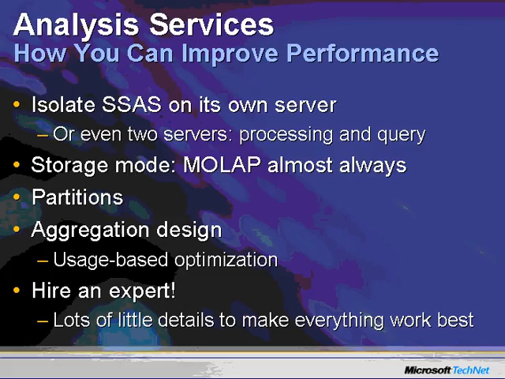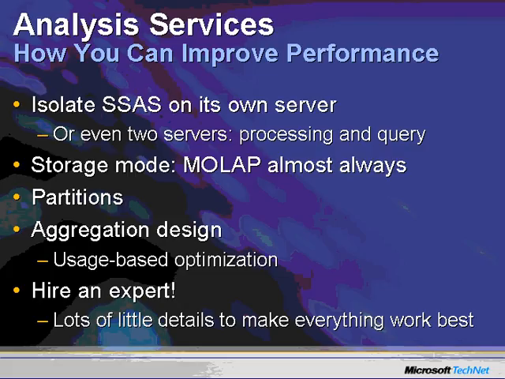My next recommendation is that you use analysis services partitions. Analysis services partitions are similar in concept to the relational partitions that we just talked about. You take fact data and you chunk it out by various dimensions. So very often, of course, the first thing we partition by is usually time. So we partition by month or day or week.